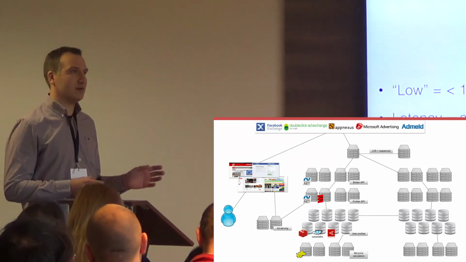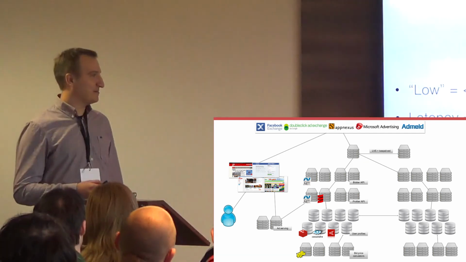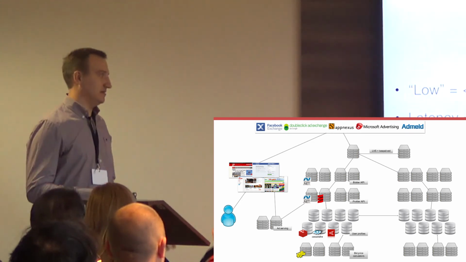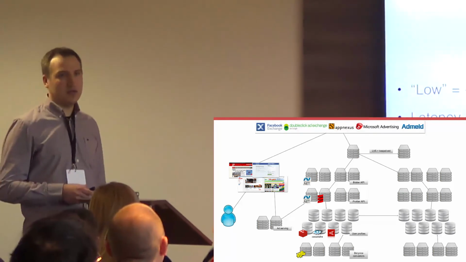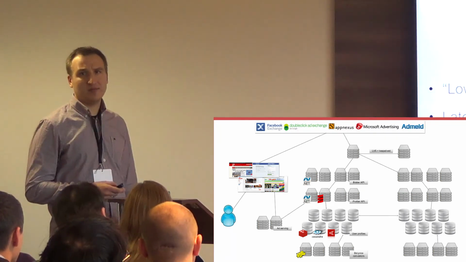So it could be 1, but if it's 200, it's high, right? Basically, everybody knows that latency is just a measure telling us how long something took, like rendering a page or getting a record from a database and so on.